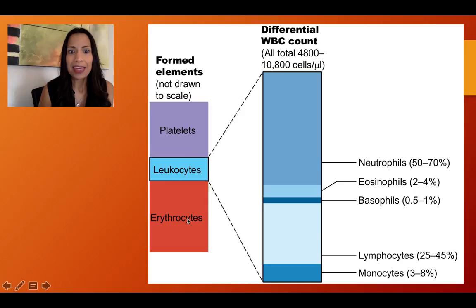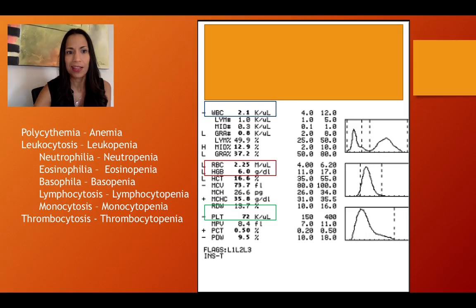So you can analyze the number of erythrocytes, see if it's within the normal range, the number of leukocytes, and the differential count, which means that if you ask for a differential, they're going to tell you the number of leukocytes and the percentage of each type of leukocyte. And the same thing, they're going to give you the number of platelets.